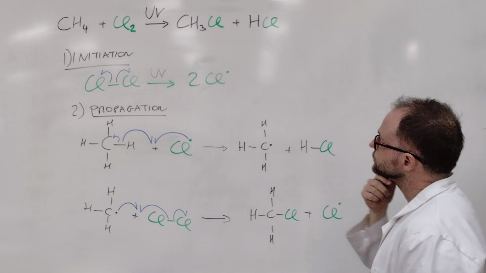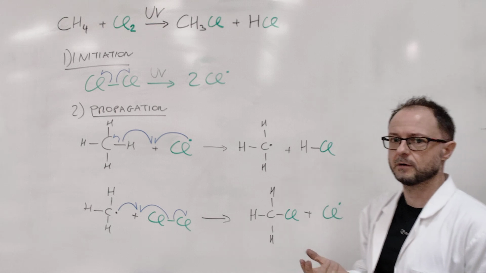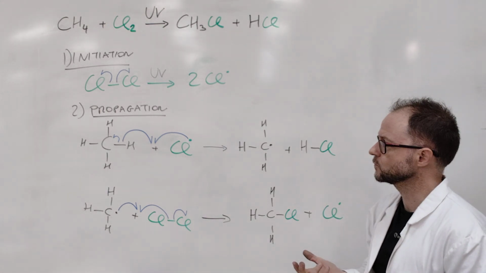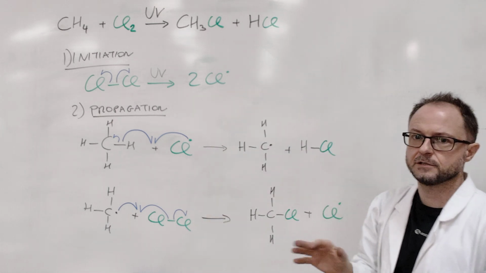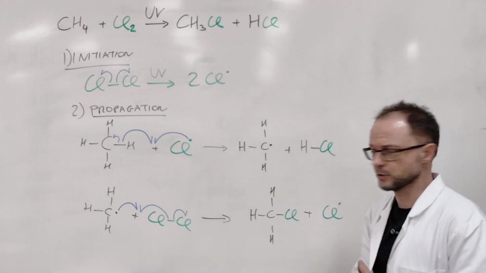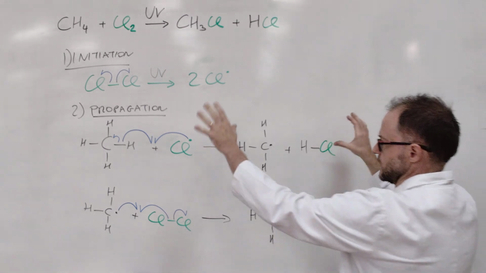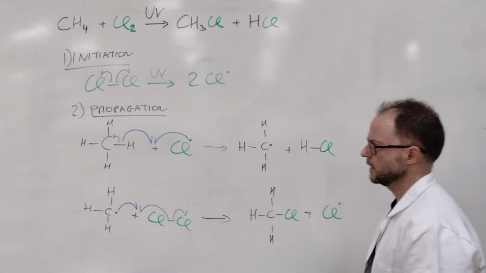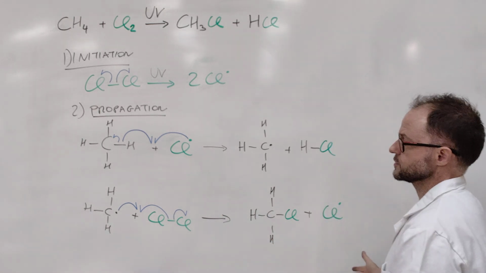Now, having said that, a way to check if we have our equations right, one thing we can do is add these two equations together. Now that's not something that they would ask you to do in a test, but just for our own sake, to make sure we have it right, what we can do is add these two equations together and then just cancel out anything that's repeated on each side of the equation.